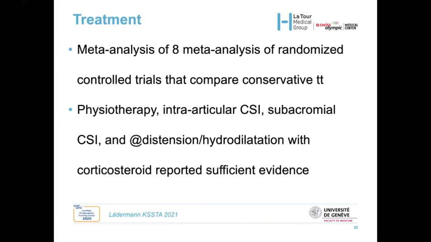And the criteria was so high that the only studies that had this quality were studies dealing with physiotherapy, intra-articular corticosteroid injection, subacromial injection, and hydrodilatation with corticosteroid injection. This was the only high-level study. So no acupuncture and so on, because everything was low level.